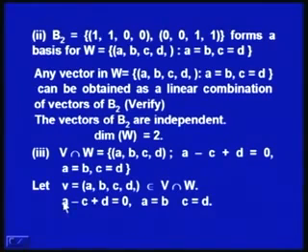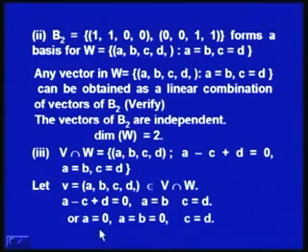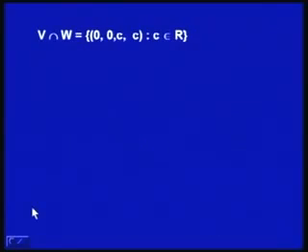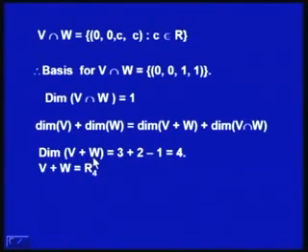So, A minus C plus D is equal to 0, A is equal to B and C is equal to D, and this means A and B both are 0 and C is equal to D.